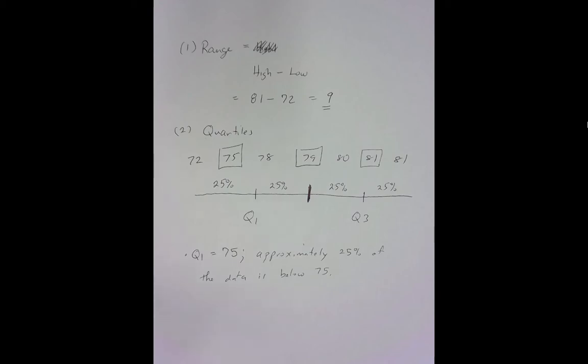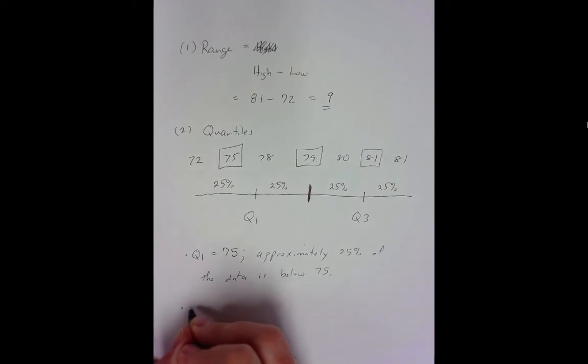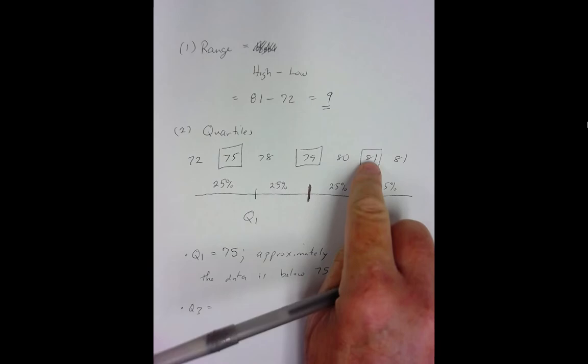Approximately, because, you know, there's only 7 pieces of data and 25% doesn't come out to a nice whole number. What can we say about Q3? Well, Q3 is what? It's 81.